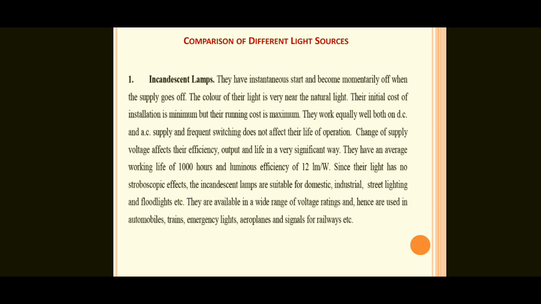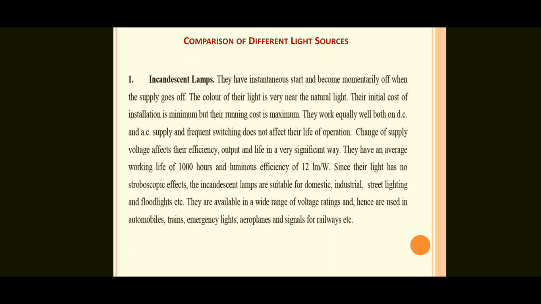So the color of their light is very near the natural light, because the natural light is white color, but it is not white color, it is nearly a very dark yellow color. Dark yellow color it maintains, but not purely white color. So the initial cost of the installation is minimum, but the running cost is maximum.